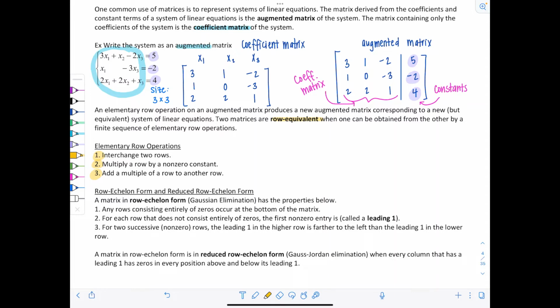So we're going to focus on rewriting matrices in two different forms, row echelon form and then reduced row echelon form. Row echelon form is what we looked at a little bit earlier when we performed Gaussian elimination. And then reduced row echelon form comes from performing Gauss-Jordan elimination.